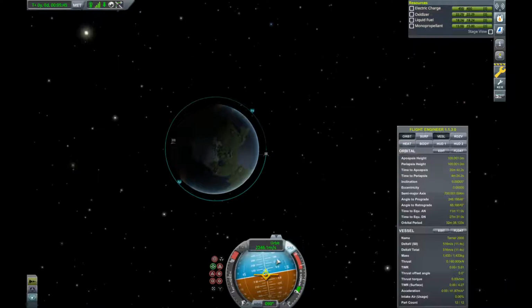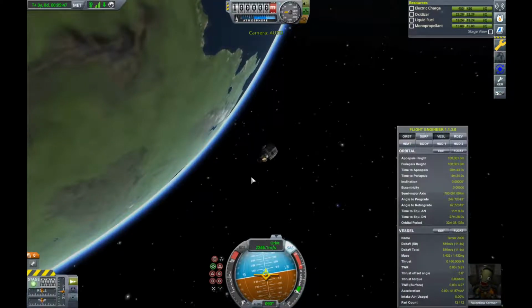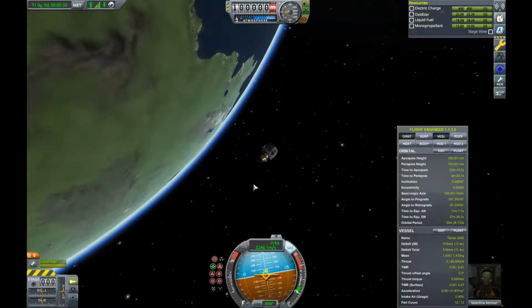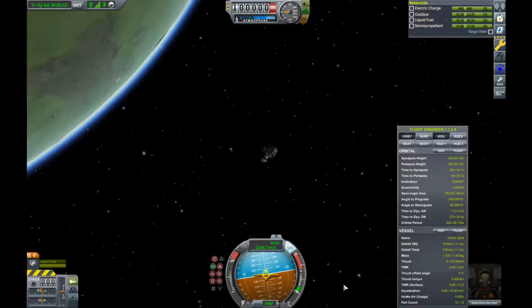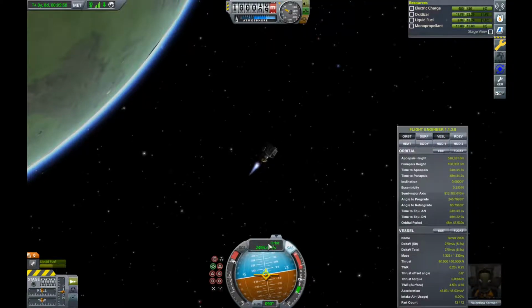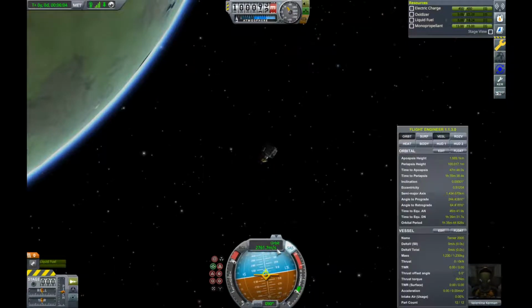So I'm going to activate our engine and go full throttle immediately. Right there we can see our orbital velocity is increasing, according to the amount of delta V that we had.